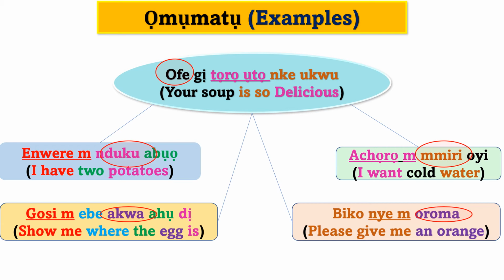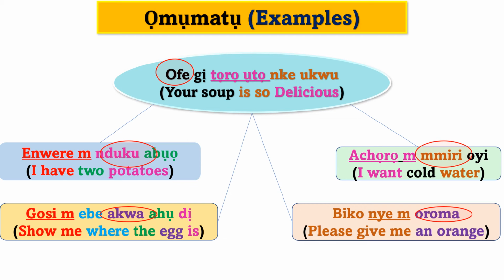Okay? And I want to just highlight something that will help you so that when you see an English word and you want to translate, you won't do a direct translation. Example is, I have two potatoes. If you were meant to translate it directly the way it is written here, in sequence, in Igbo, it would have been, I have enwere m abụọ potatoes.